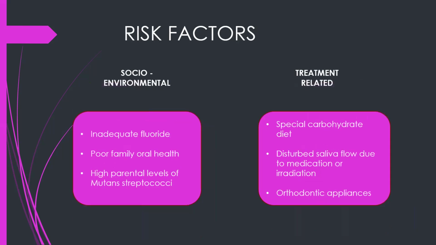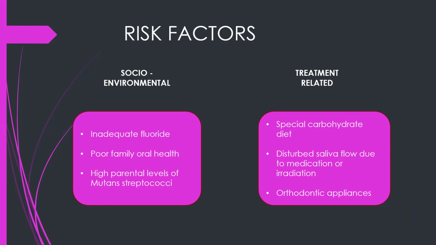The socio-environmental factors may include inadequate fluoride, poor family oral health, and high parental levels of mutans streptococci, which can be solved through counseling and fluoride application. And treatment related are whether, in high caries risk patients, we are able to give a good special carbohydrate diet.